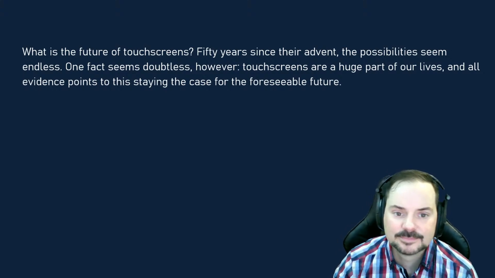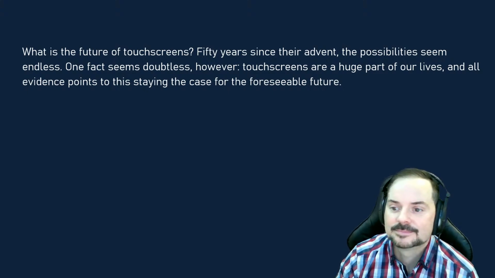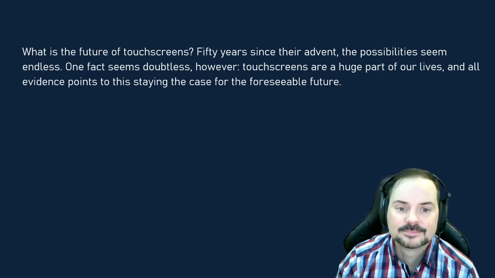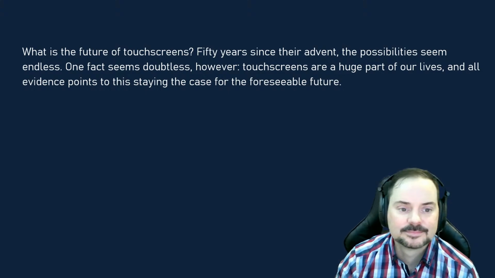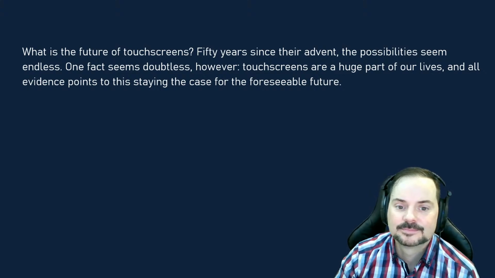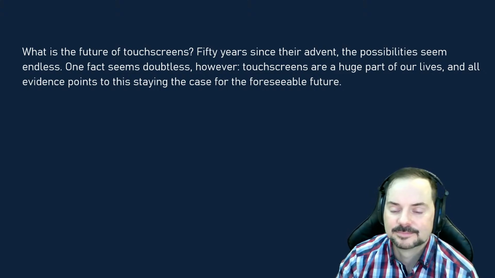What is the future of touchscreens? Fifty years since their advent, the possibilities seem endless. One fact seems doubtless, however: touchscreens are a huge part of our lives, and all evidence points to this being the case for the foreseeable future.